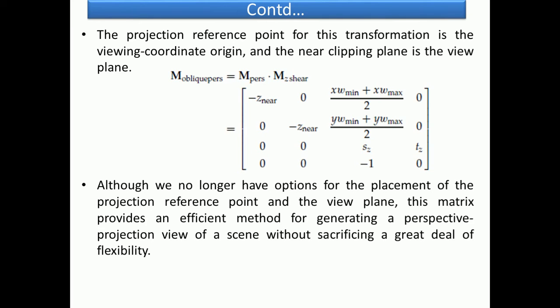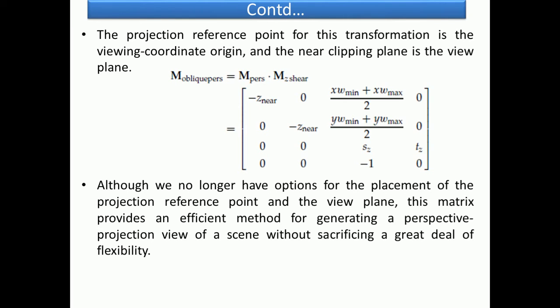This concatenation is shown here, that is Moblique perspective equal to Mperspective times Mzshear, the concatenation of the perspective projection matrix with the shear matrix, and you will get this particular matrix as the resultant, the oblique perspective projection matrix.